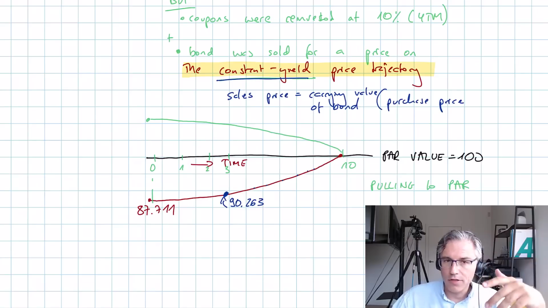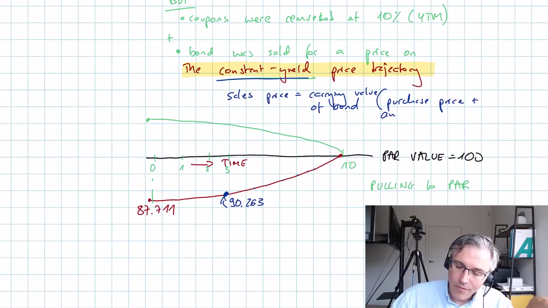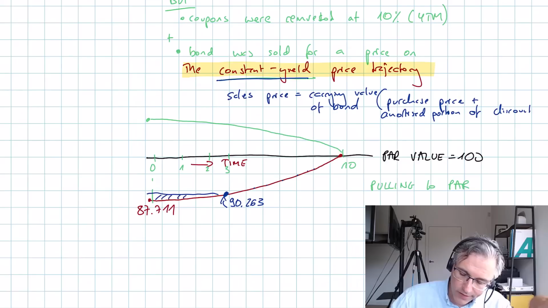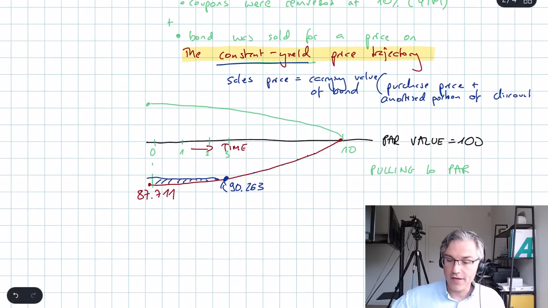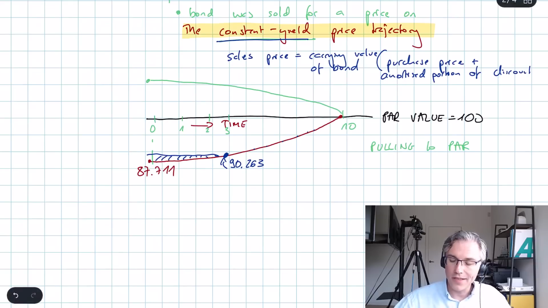In our case, that would have been 87.711 plus the amortized portion of the discount. As you can see, the original discount slowly gets amortized, and after 3 years, a portion of it has already indeed amortized.